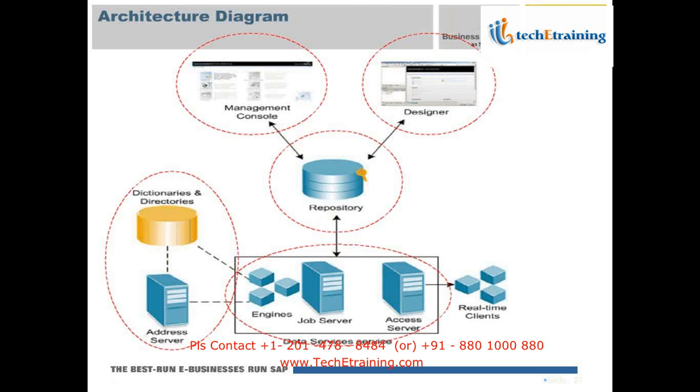The second one is the access server, which is responsible for all your real-time clients. If you're trying to use web services or any kind of XML data to move across between systems, you will be using the access server. The engines are the ones which will aid with your data quality.